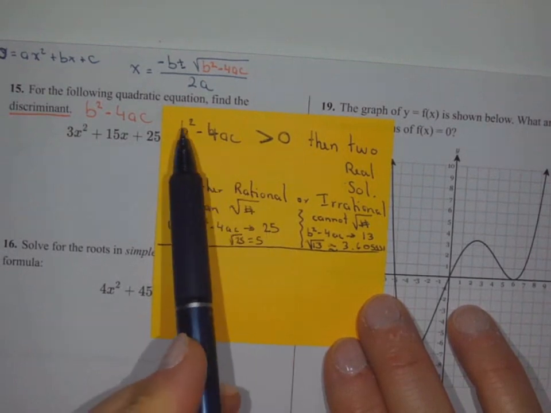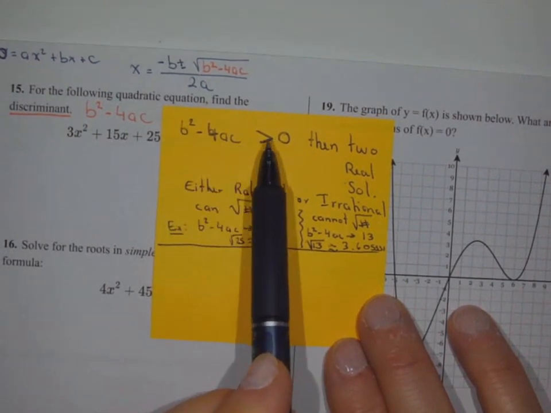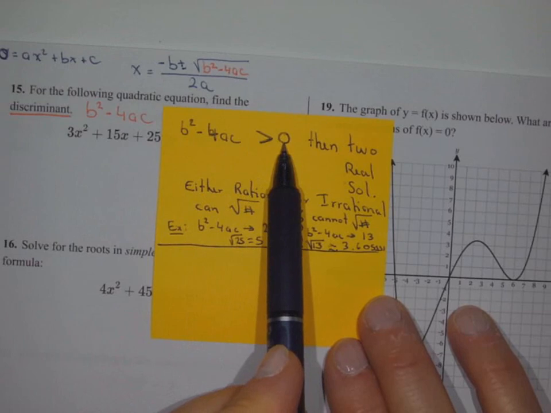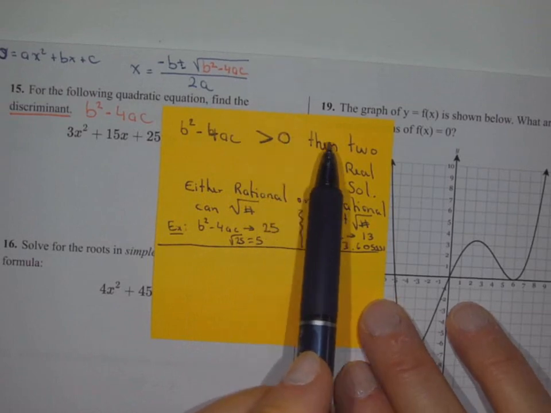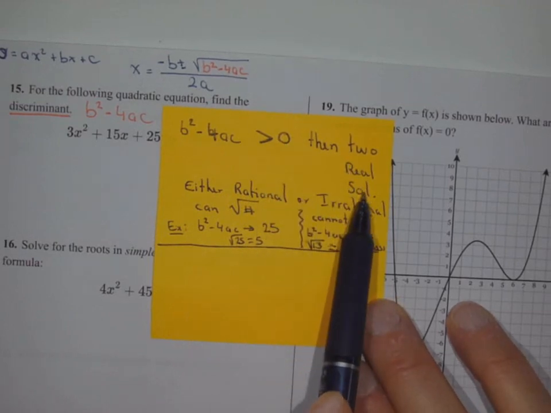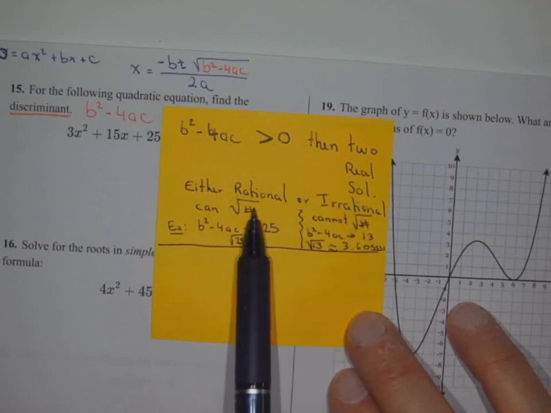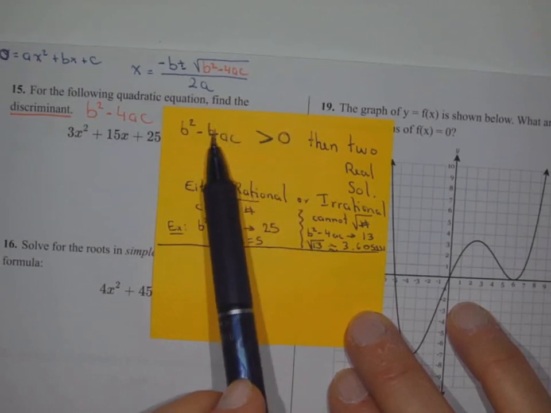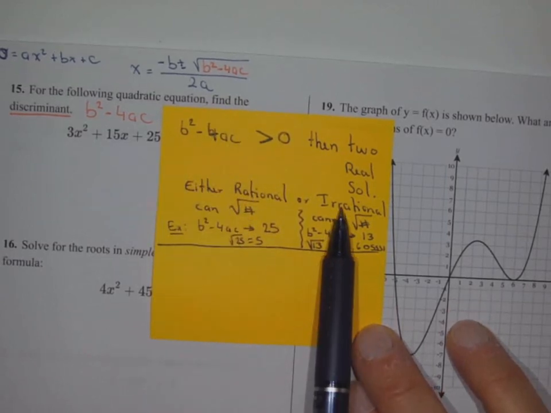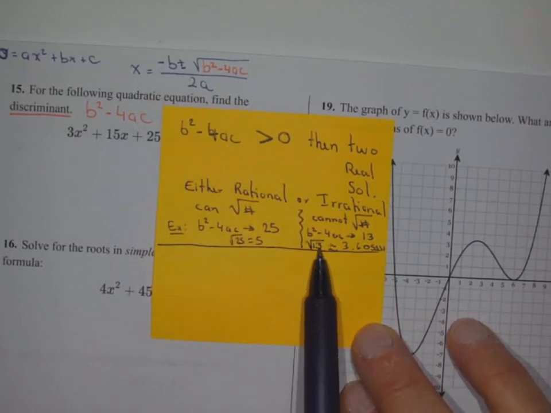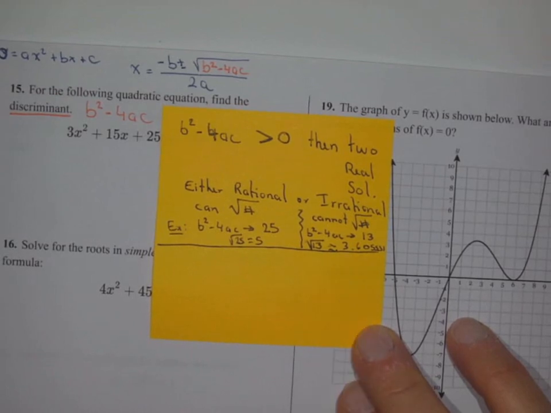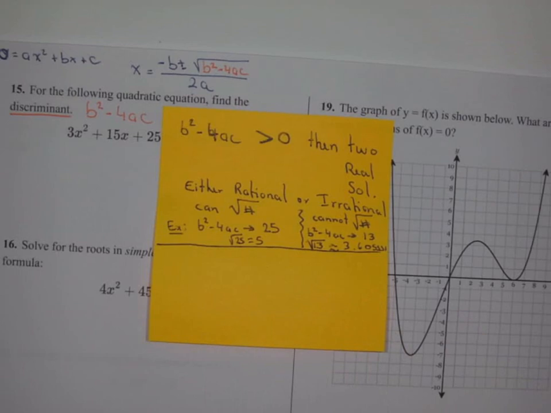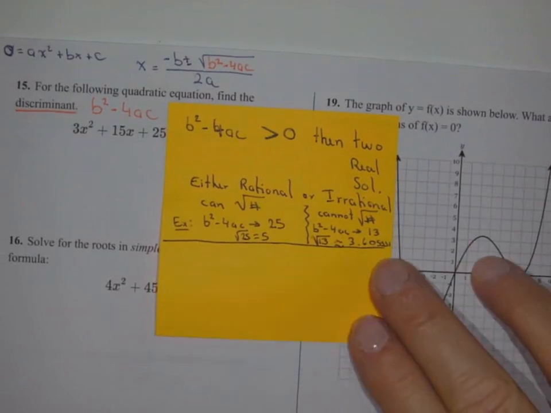So when your discriminant is greater than 0, meaning positive, you have two real solutions for sure. What type of real solution? Either rational, in which case it means you can take the square root of that number, or irrational, meaning you cannot take a nice square root because it's not a perfect square. Not a perfect square is really what I should have told you there.